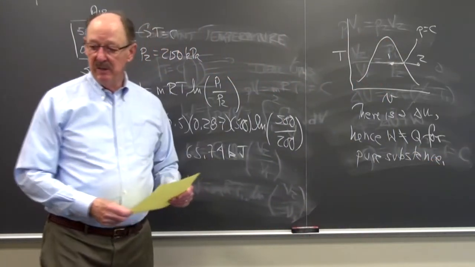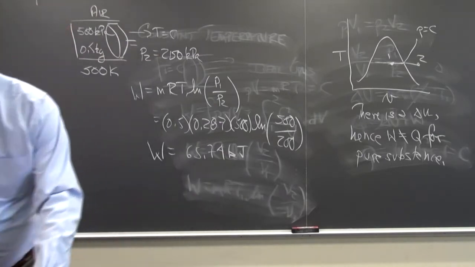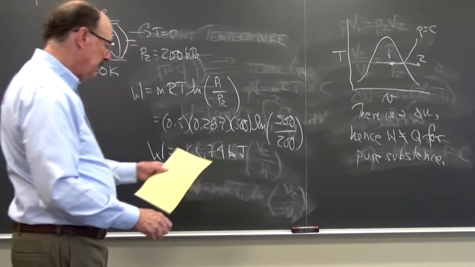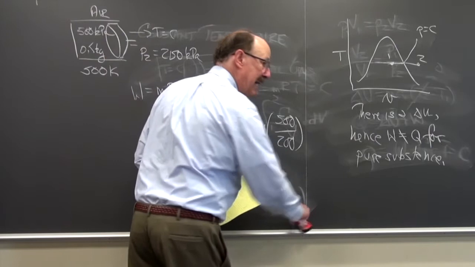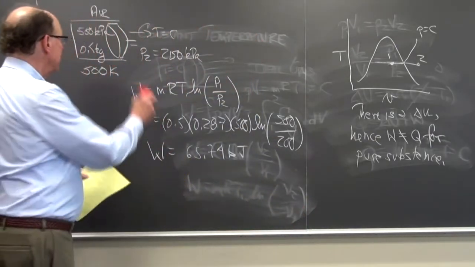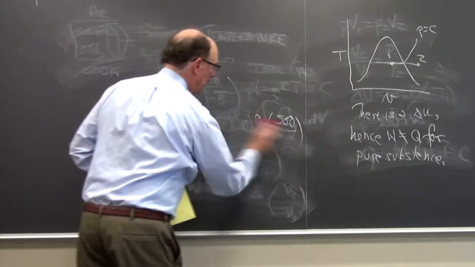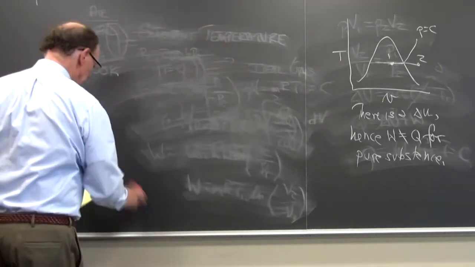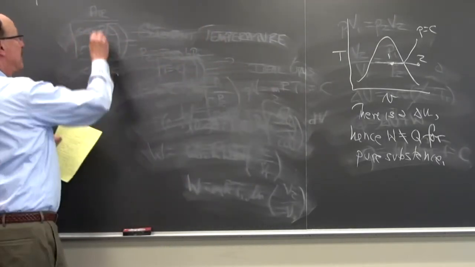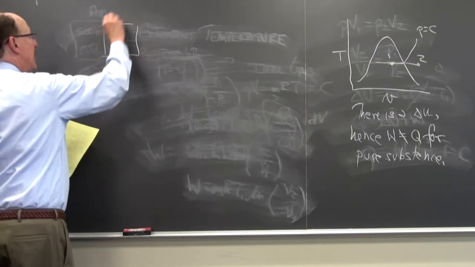Now let's consider a constant volume problem. So I look at a constant volume problem, which we've looked at previously. And we have a tank or something like that, so we have a tank.